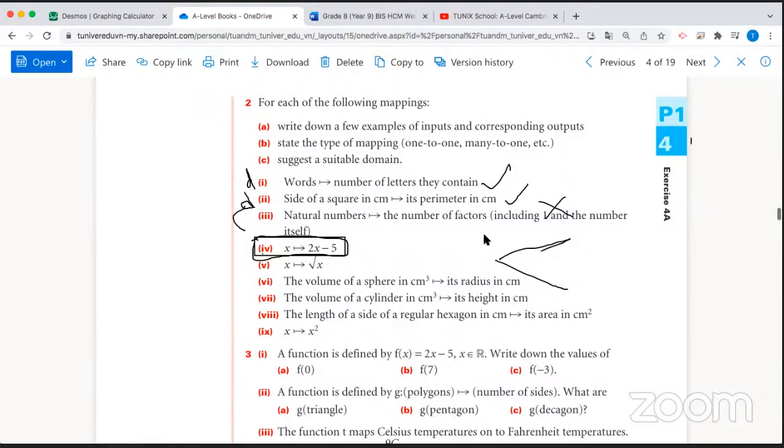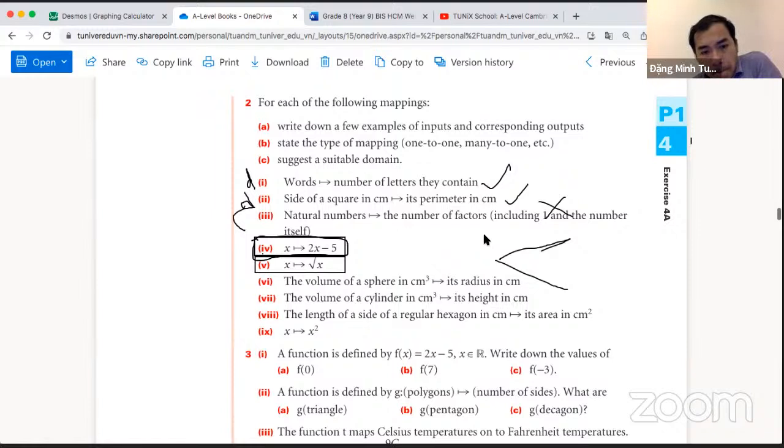I have a question. What if there's a one-to-one mapping type? What is the domain? It's always a function. Yeah, but what's the suitable domain? If you give some examples, you can find the relationship between them.